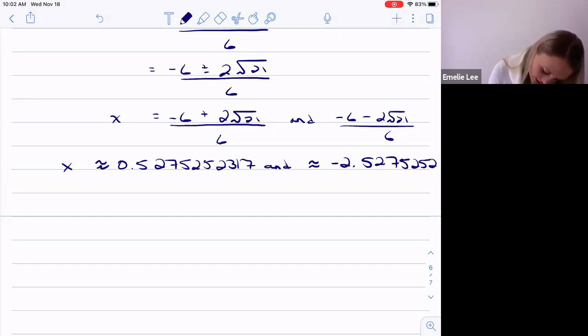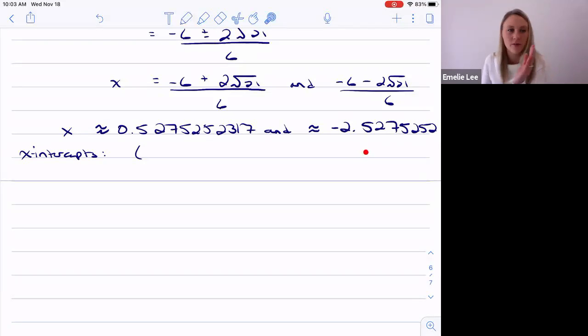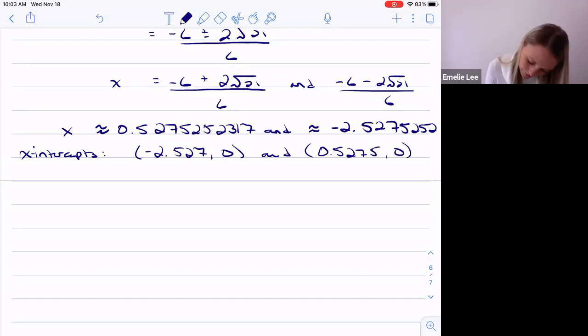So that means that we have x-intercepts. Remember, these are the x values when y is 0. So the x-intercepts are at, and I'm going to list them from left to right so I don't forget about any when I'm graphing them, negative 2.5275 and 0.5275.